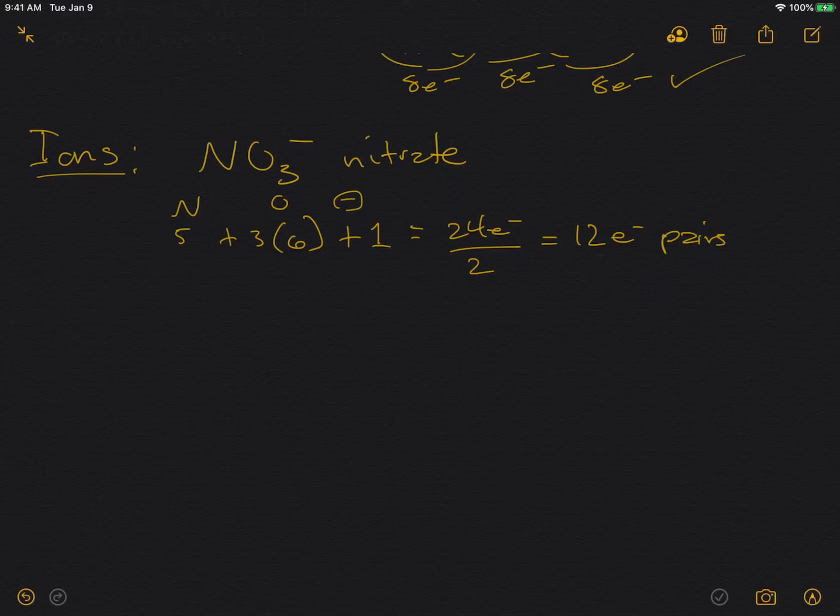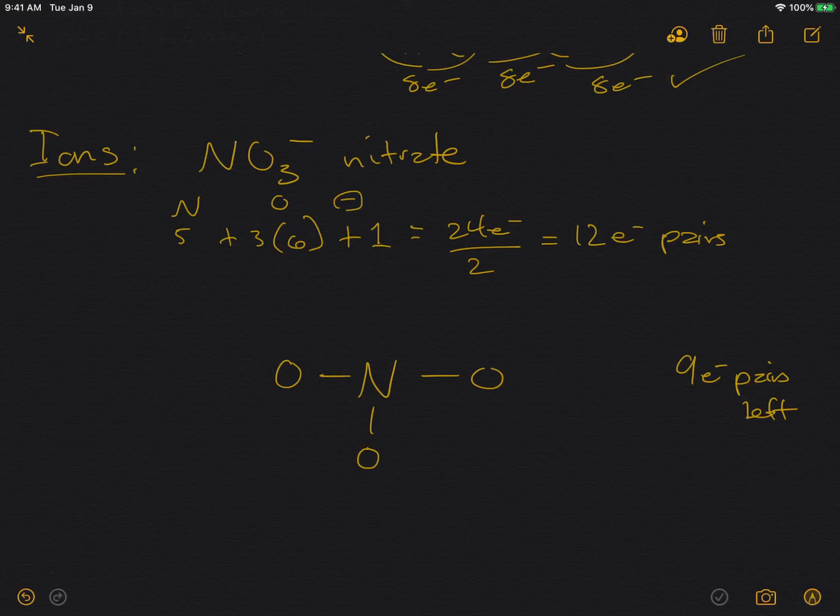Nitrogen likes to make 3 bonds, oxygen likes to make 2 bonds, so we'll put nitrogen in the middle and connect the oxygens with single bonds. We've used up 3 electron pairs, so that means we have 9 electron pairs remaining.